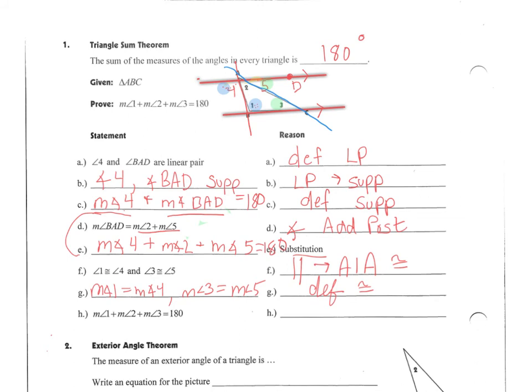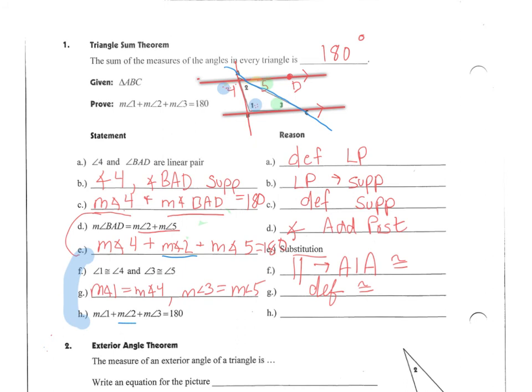Now, if we look at what we have here, if we go to transform from step E to step H, we can see that the measure of angle 2 is there, and it's still there.